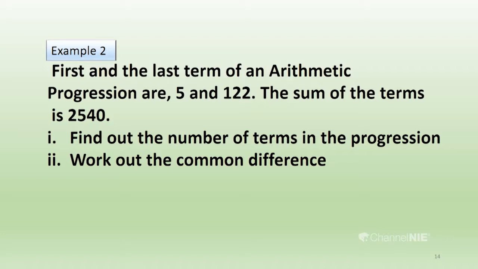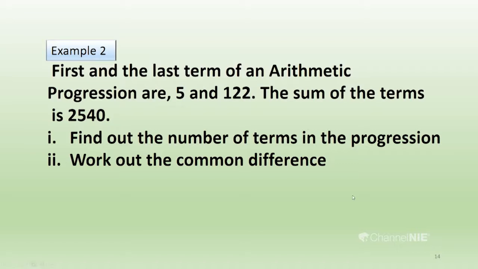The sum of the terms is 2540. Find out the number of terms in the progression, and work out the common difference. Then we know here the first term and the last term. And what else do we know here? We know the sum of certain terms.